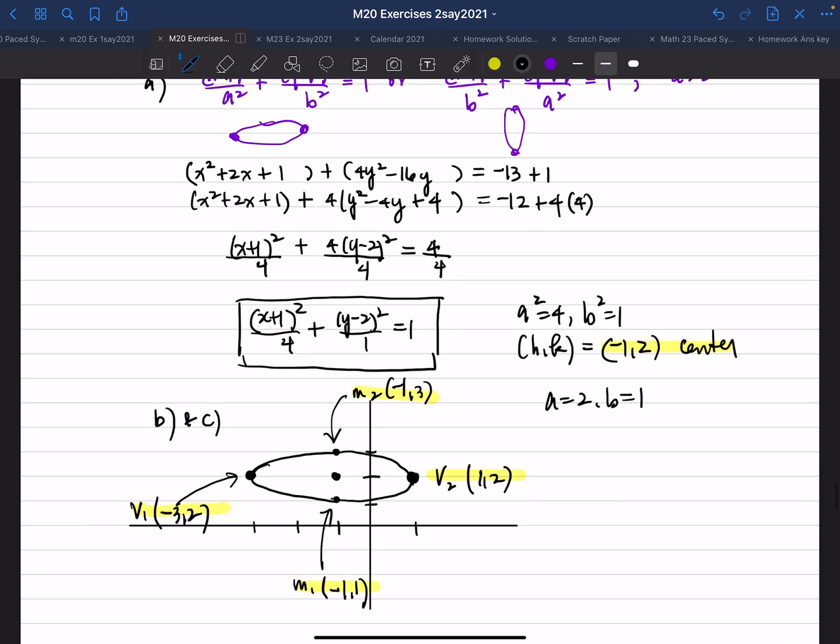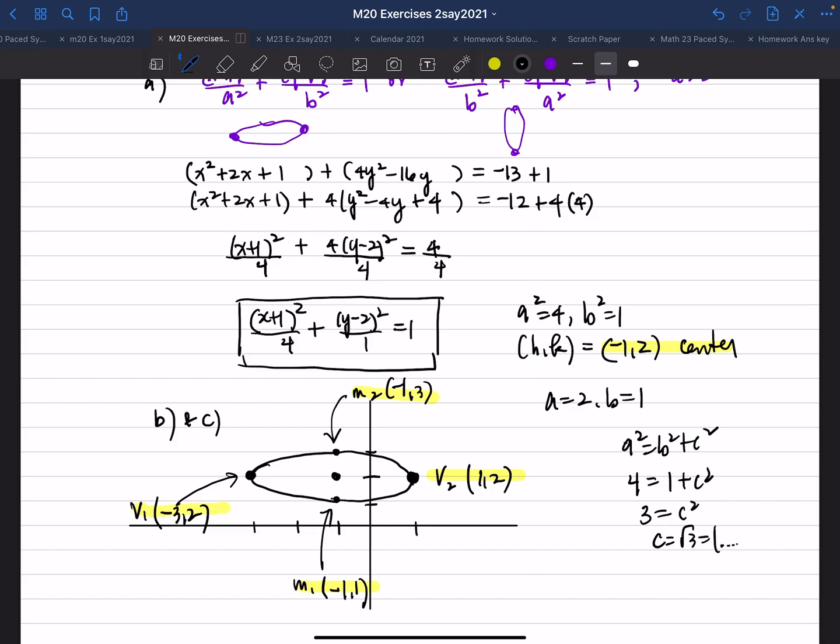Okay, how about C? In an ellipse, the relationship between A and C is A square equal to B square plus C square. So the importance of C is it gives you the distance from the center to one focus. Okay, A square is 4, B square is 1, C square you don't know. So C square is 3, so C is square root of 3 or 1 point something.